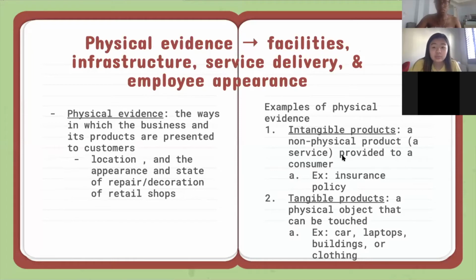Other examples are intangible versus tangible products. Intangible products are non-physical, most likely a service provided to a consumer, such as an insurance policy. Tangible products are any physical object that can be touched, such as a car, laptop, buildings, or clothing.